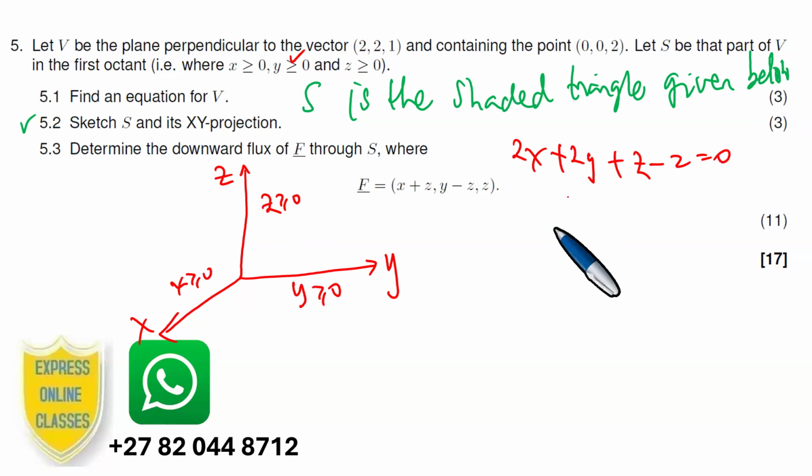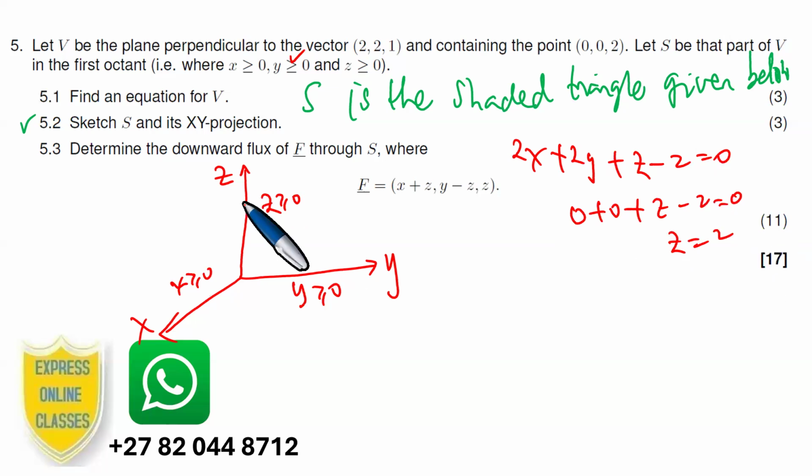If we are in the xy plane, then z equals 0. If x and y are 0, then you have 0 plus 0 plus z minus 2 equals 0, which means that z equals 2.